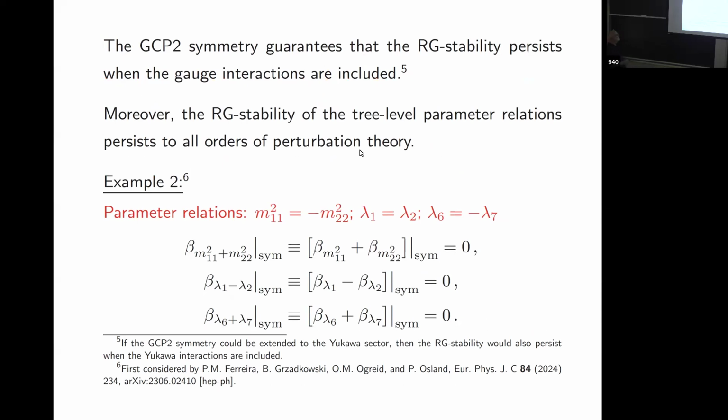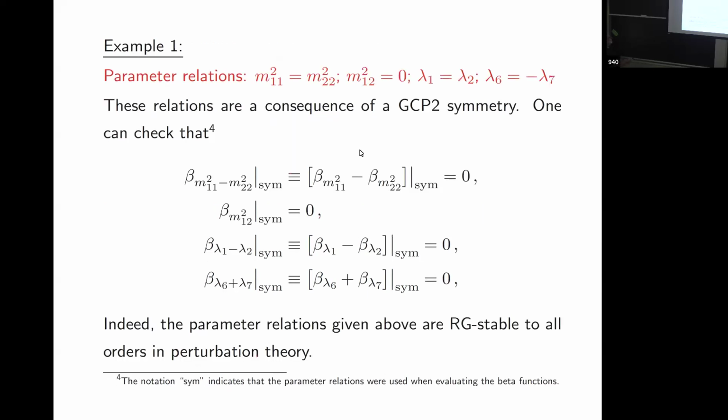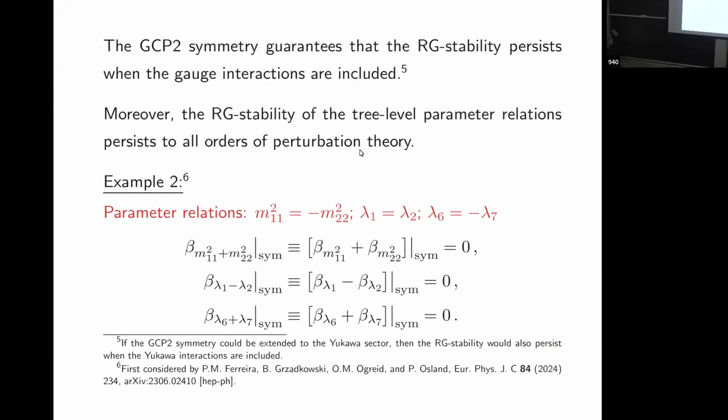Okay, here's the example from that paper by Ferrara et al., the weird one. Here was the symmetry they found. So it again has lambda 1 equal lambda 2, lambda 6 equals minus lambda 7. That's just like here. But instead of this, they just said m11 squared equal to minus m22 squared.